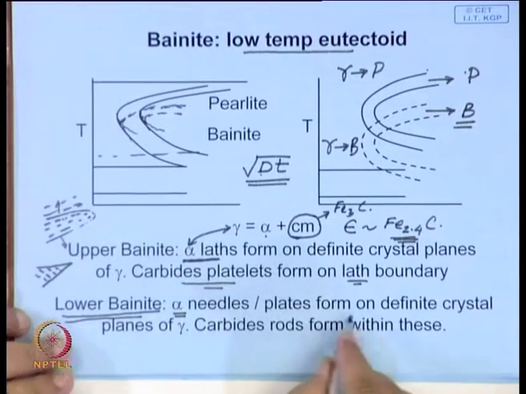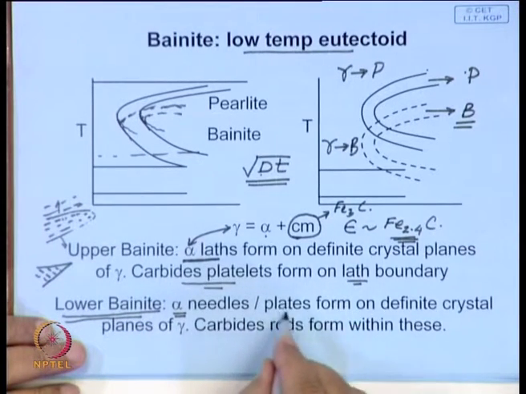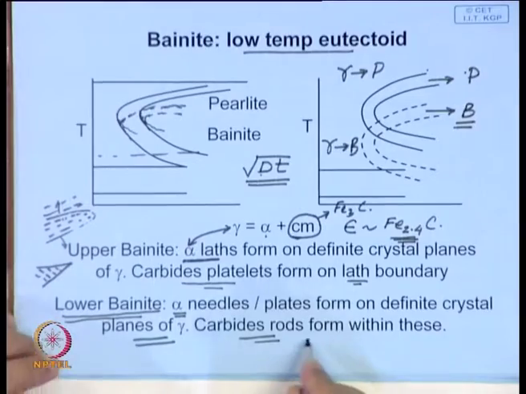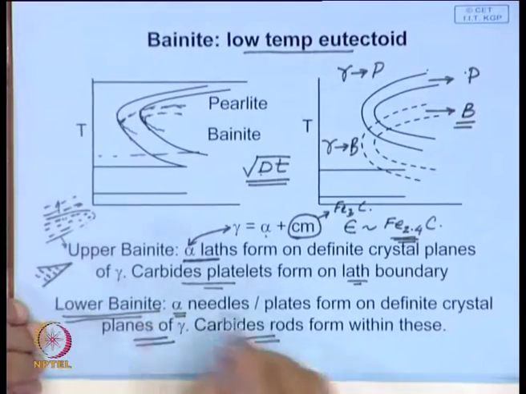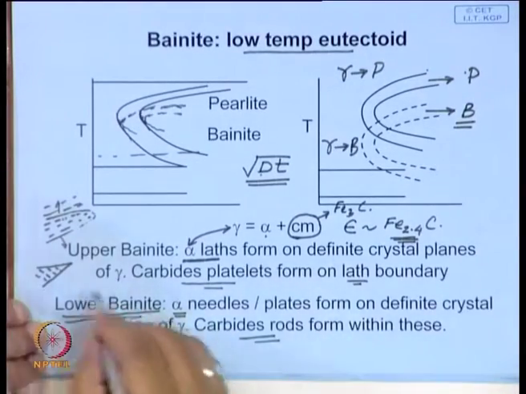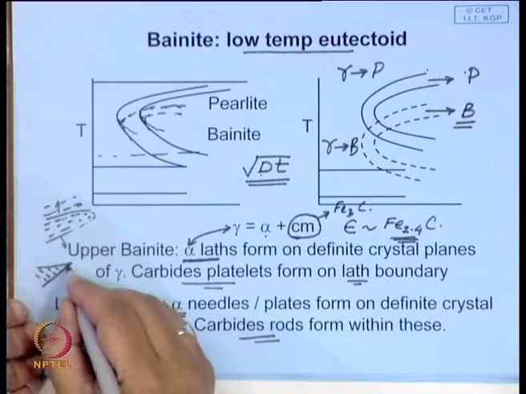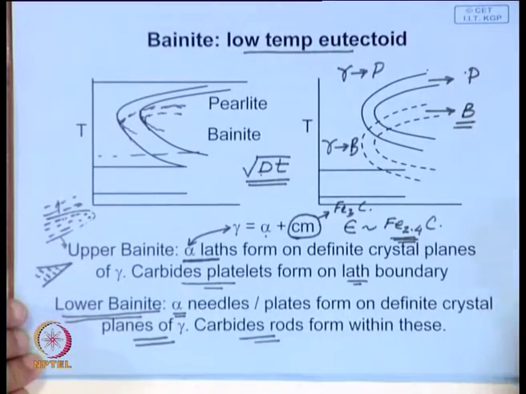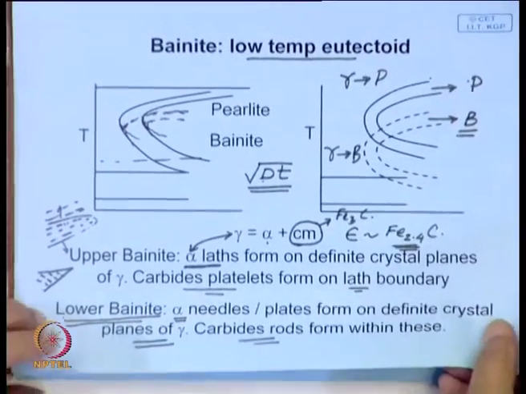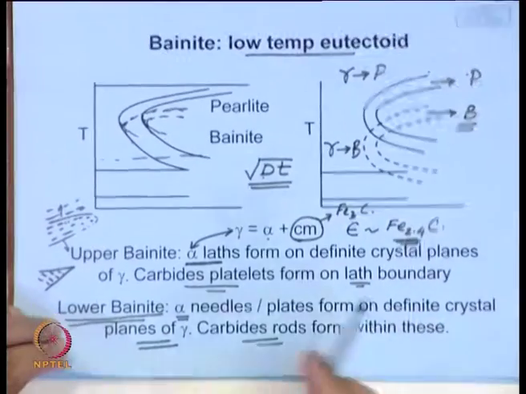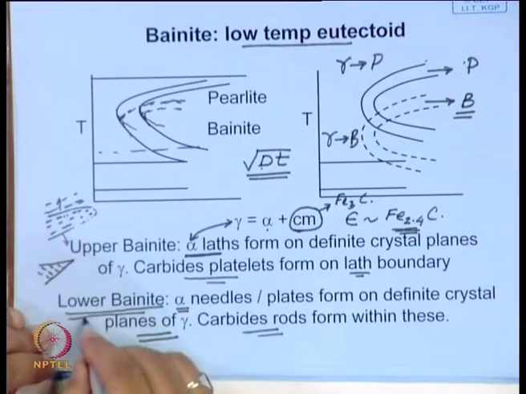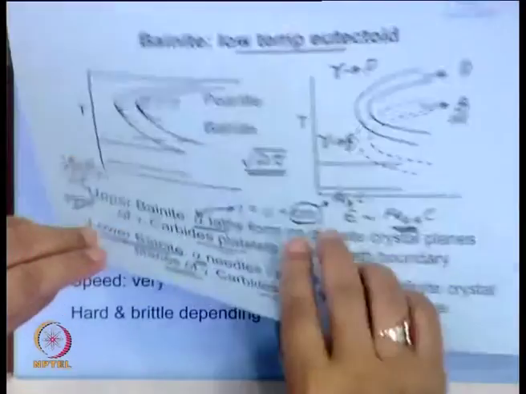But here also it follows a different orientation relationship with austenite, and the carbides are in the form of very small, thin rods within these needles of ferrite grains that form. As we go on, we will see that one often gets confused between the structure of lower bainite and martensite.